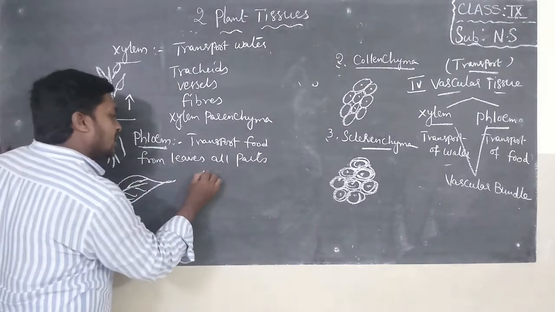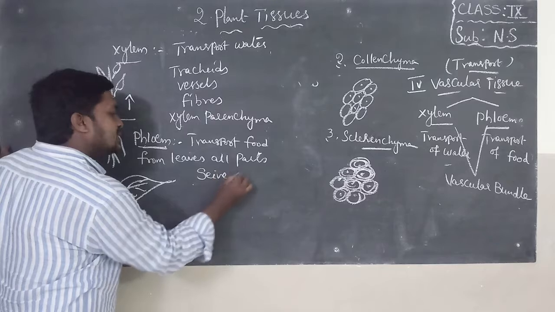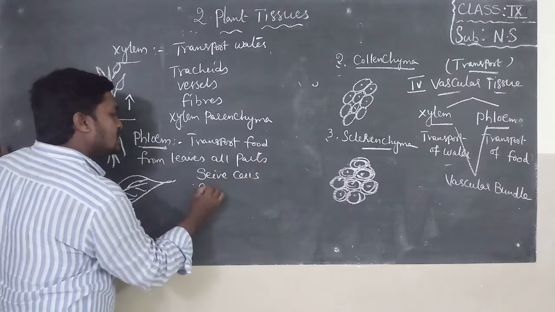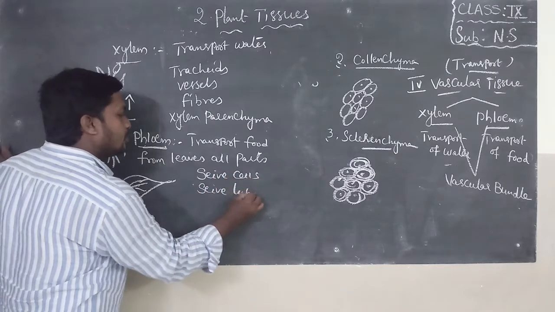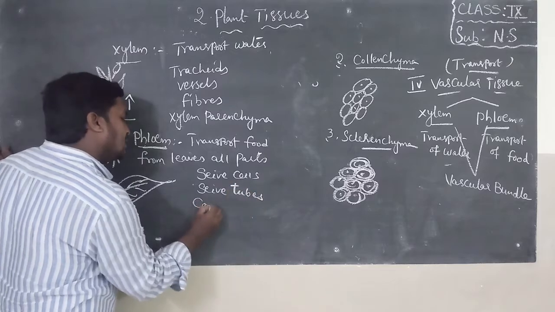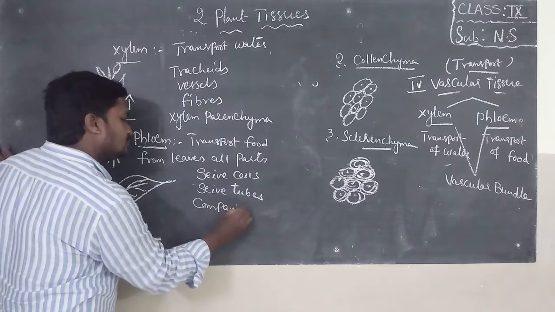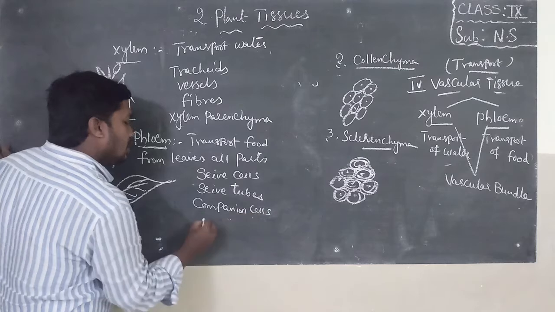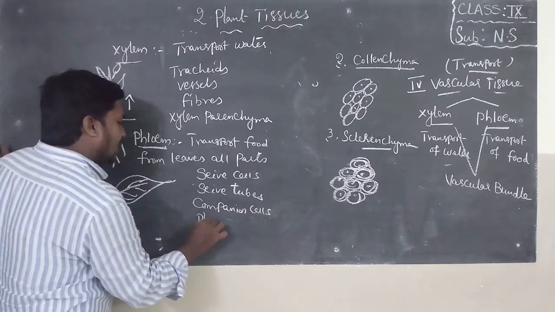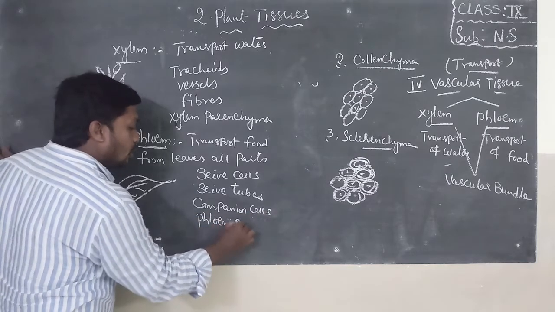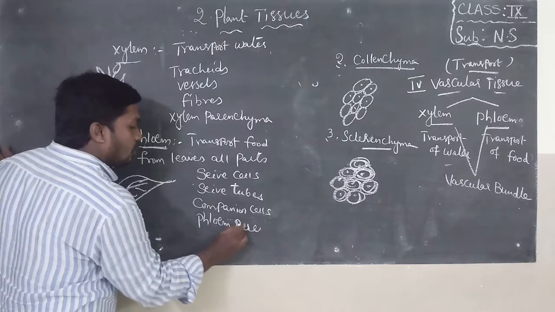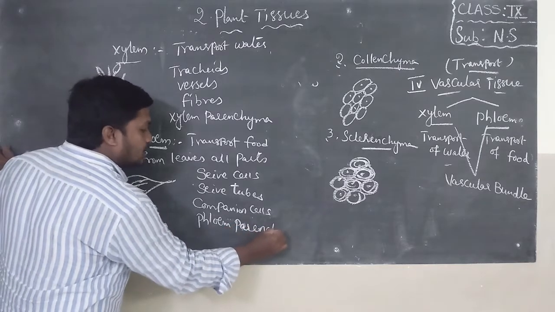The cells which are present in phloem are sieve cells, sieve tubes, companion cells, phloem parenchyma. So here also we can find four types of cells.